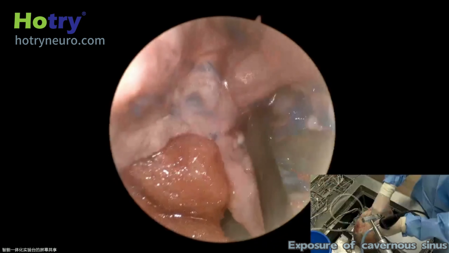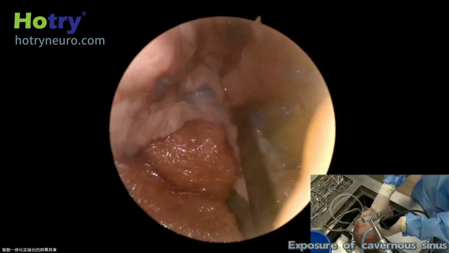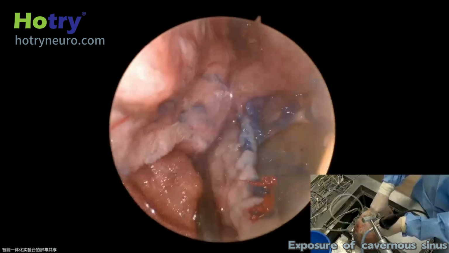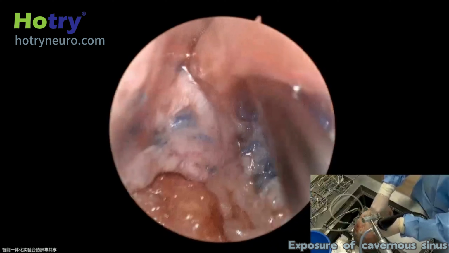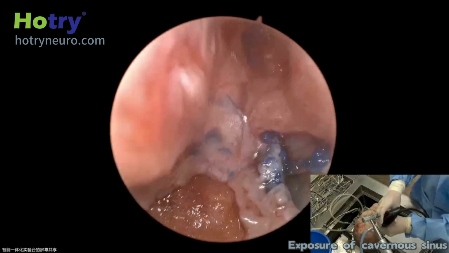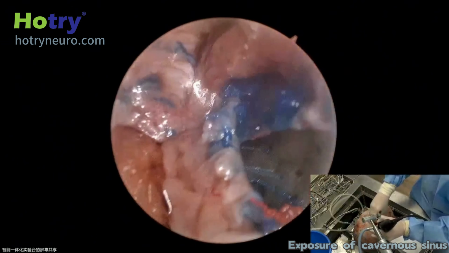In this case, you can get to the inferior-most compartment of the cavernous sinus. The cavernous sinus is divided into different compartments, with a lot of trabeculations inside. This is a 30-degree endoscope. I can turn the angle a bit and look inside.